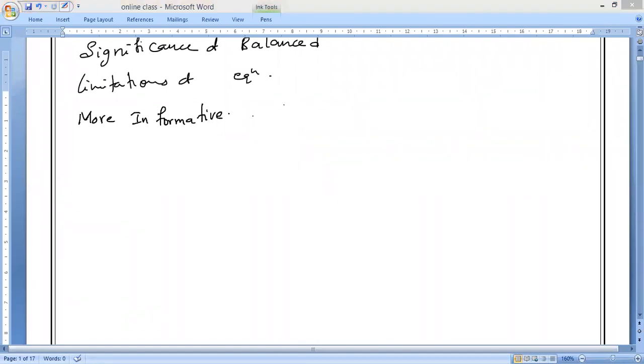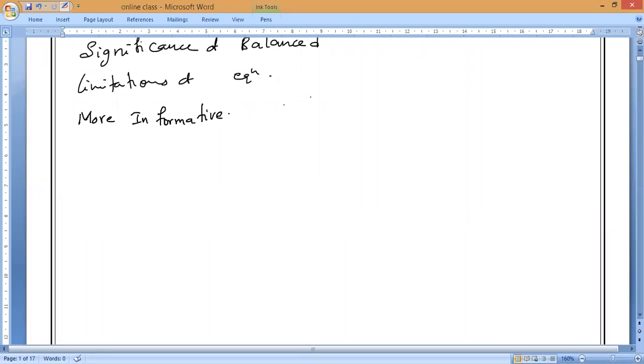Reaction conditions, what pressure and temperature are required, we cannot come to know. Next, feasibility, whether the reaction will be carried out or not, we cannot come to know. Next, speed of reaction, whether it is a fast or slow reaction, we cannot come to know. So these are the limitations of chemical equations. Is it yes or no, guys?